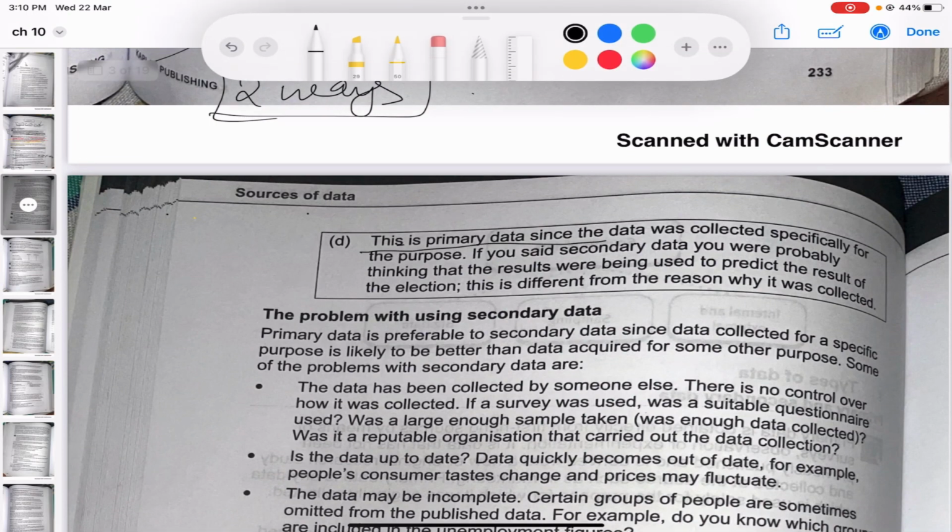This is primary data since the data was collected specifically for the purpose. So it was collected specifically for the election results. And if you think it is secondary data, you are probably thinking that the results were being used to predict the result of the election. So there are two perspectives to see the same thing. Okay? Don't worry, whatever question you get in your exam is going to be straightforward.